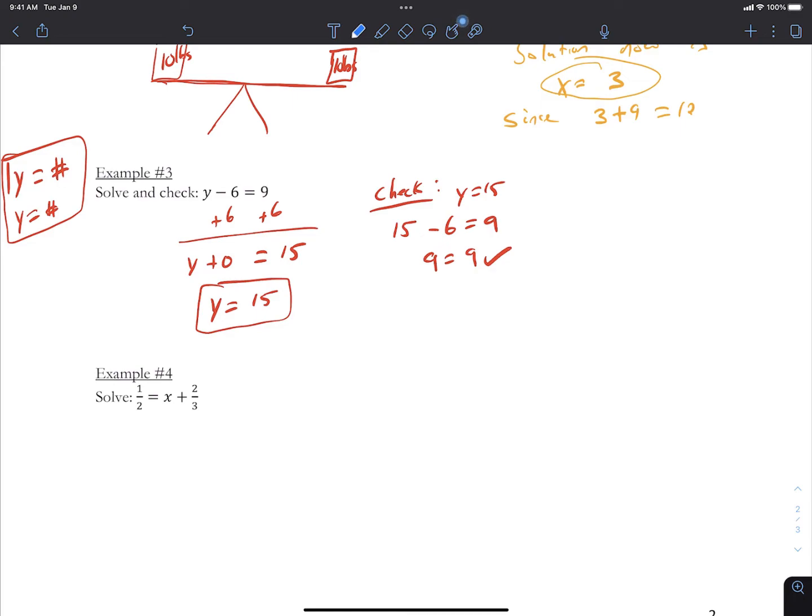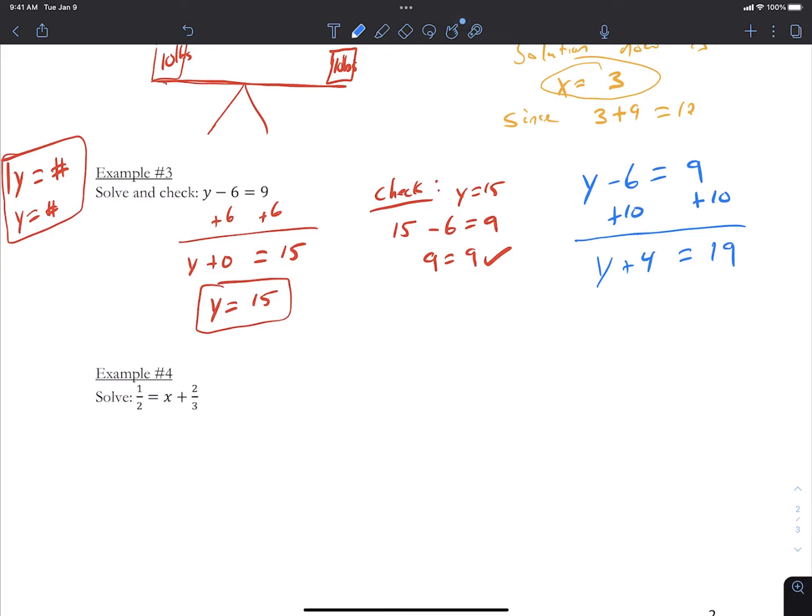An example of this is if we have the equation y minus 6 equals 9 still. If someone decided, I want to add 10 to both sides, that's perfectly fine. By adding 10 to both sides, on the left-hand side, I would have y plus 4, because negative 6 plus 10 is positive 4. Then on the right-hand side, I would have 9 plus 10, which is 19.